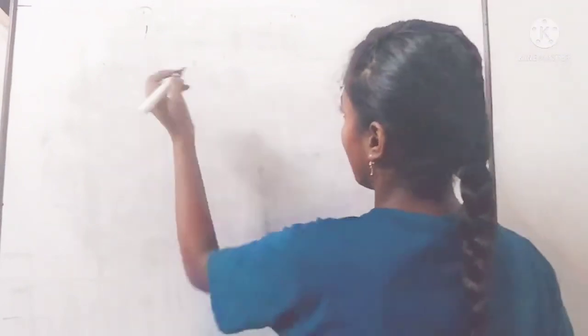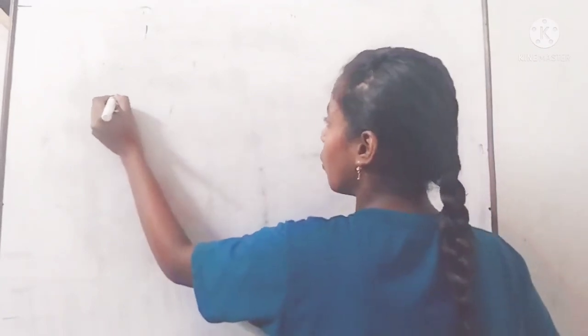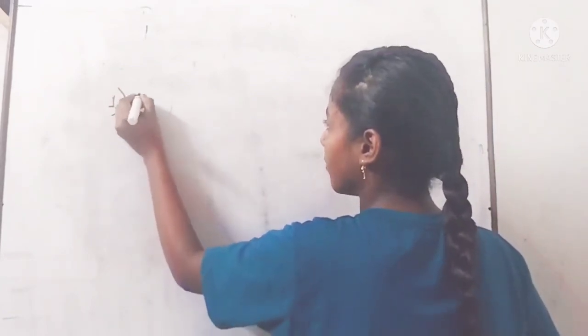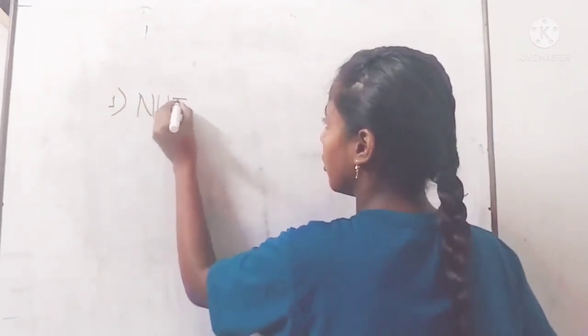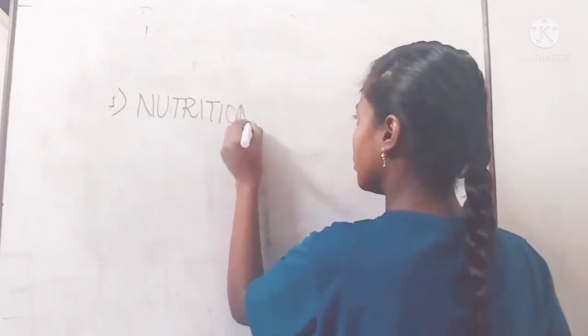Under life processes, we are going to see 4 further topics. What are the 4 further topics? Number 1, we have nutrition.